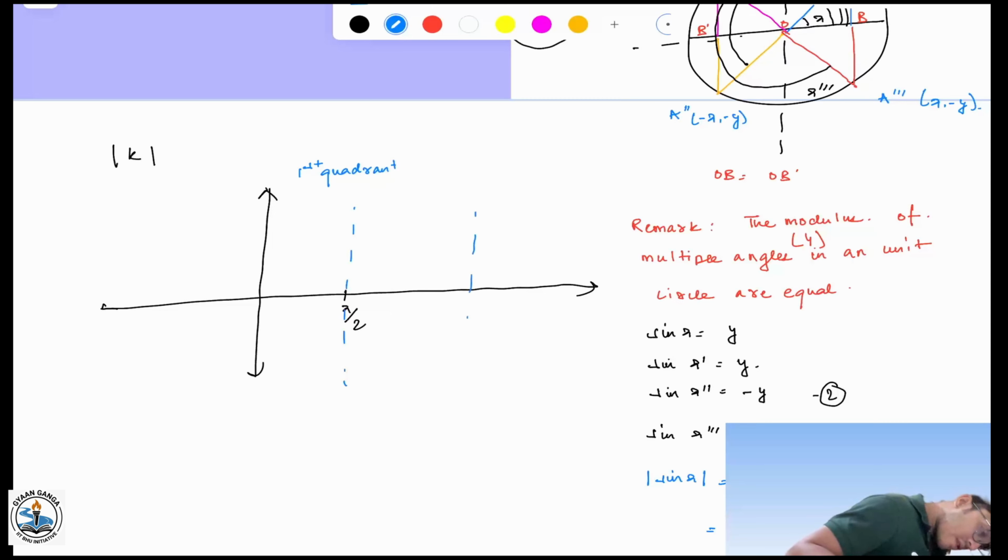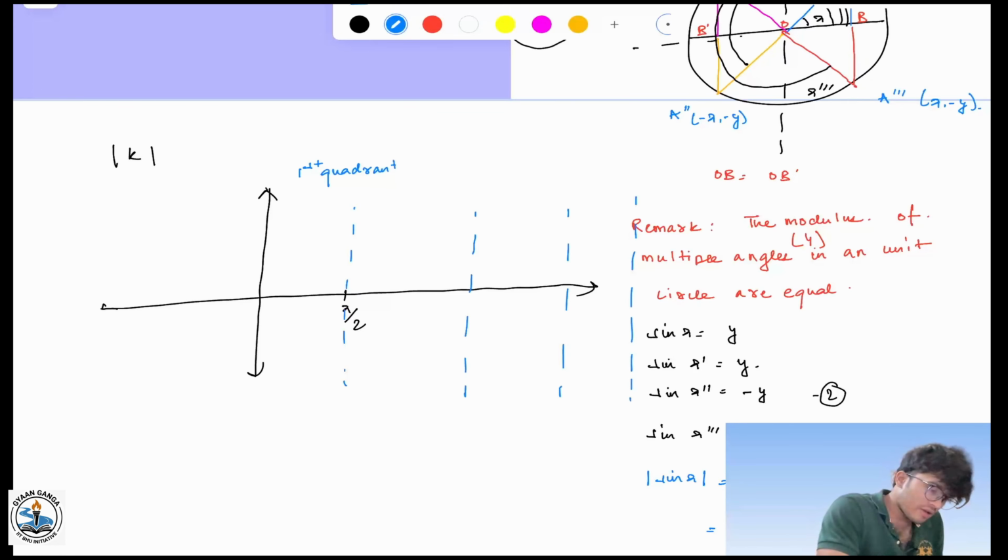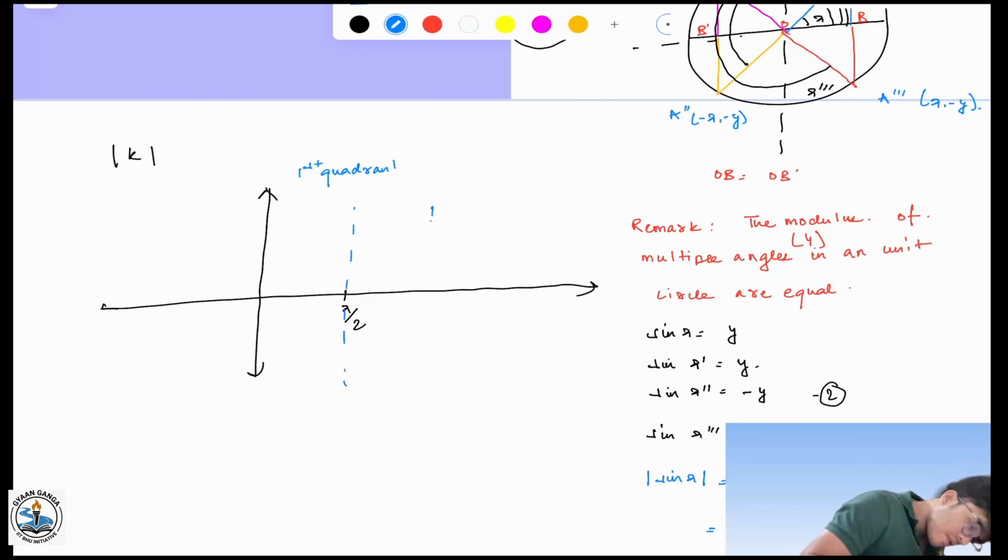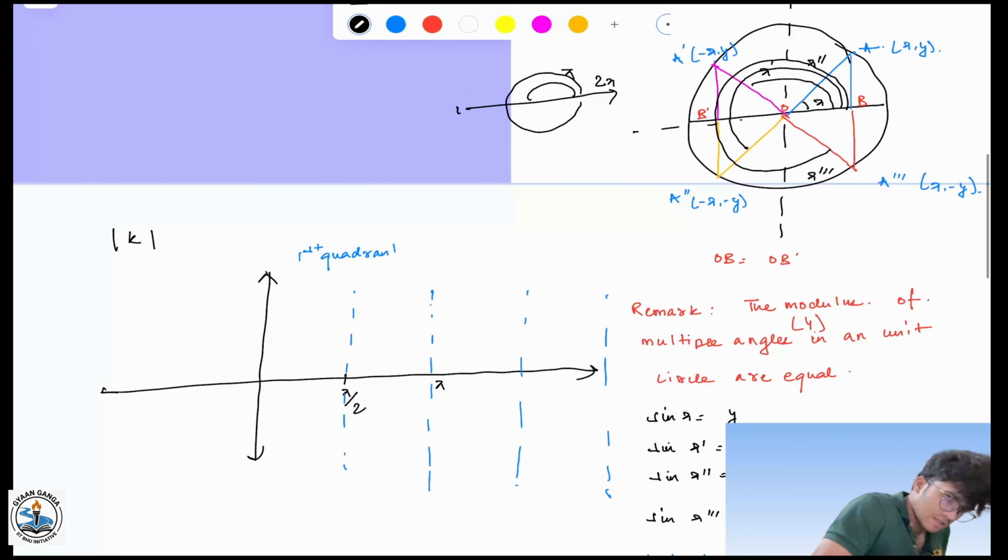This is the second quadrant, this is the third quadrant, and this is the fourth quadrant. I should have used the spaces more judiciously. So you have pi, this is pi, this is 3 pi by 2 or 270 degrees. You can dwell deeper and actually look into it. And this is 2 pi, you complete a full circle.